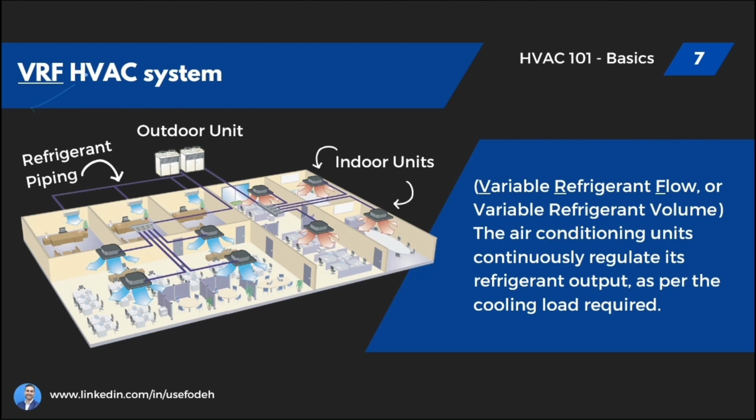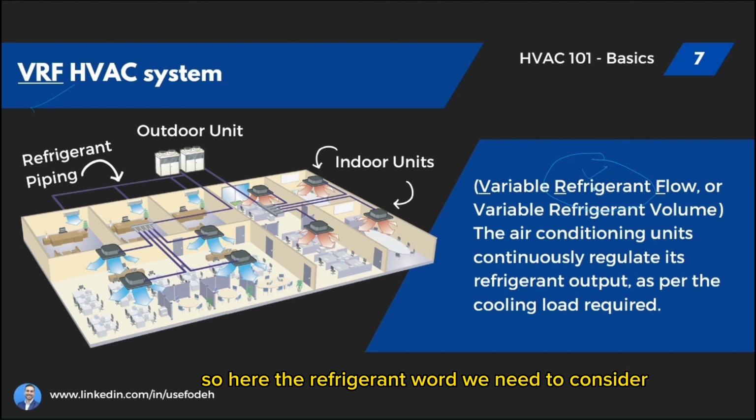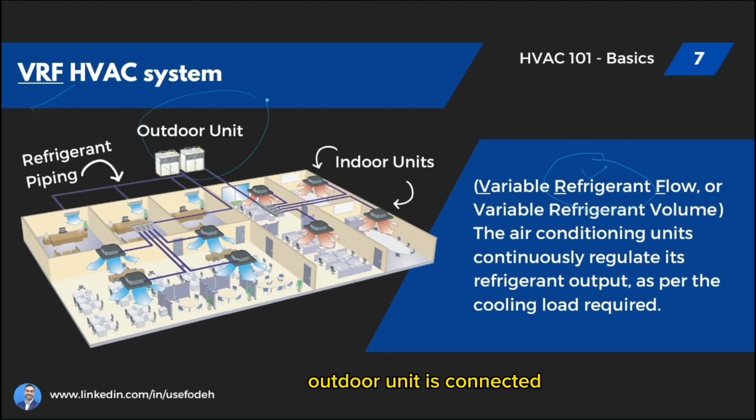VRF, sometimes called variable refrigerant volume, or VRF, which stands for variable refrigerant flow. So here the word refrigerant we need to consider. As you can see, here's an example. The outdoor unit is connected with the indoor units through refrigerant piping.